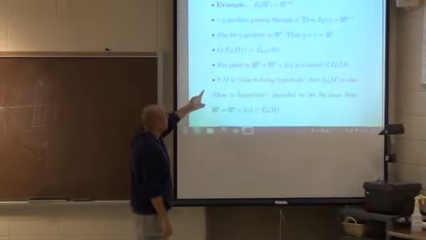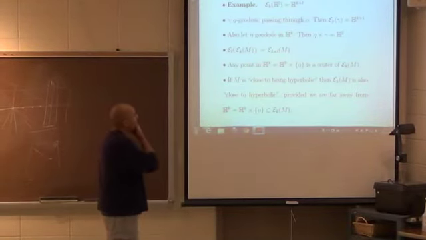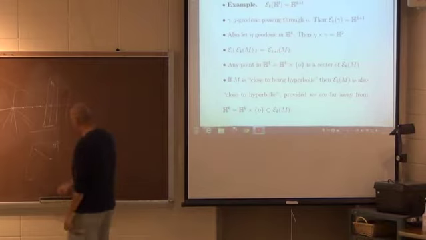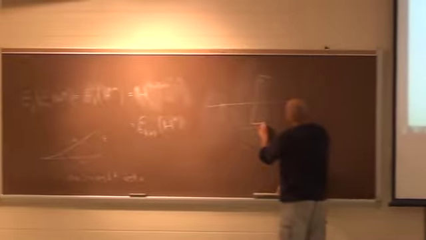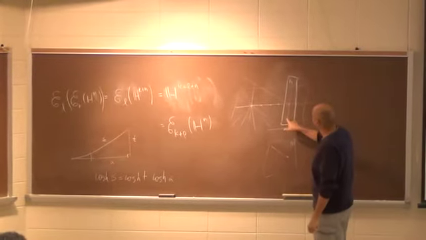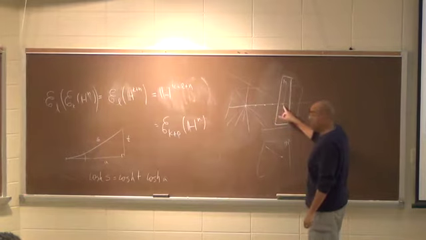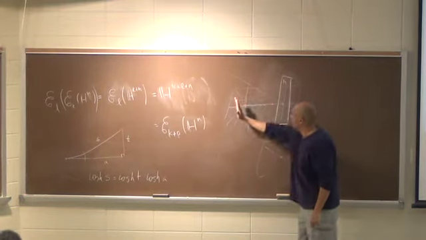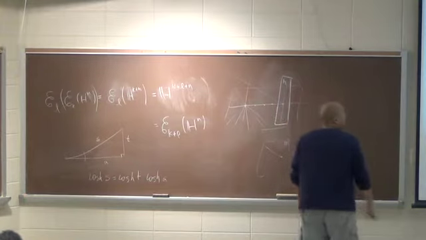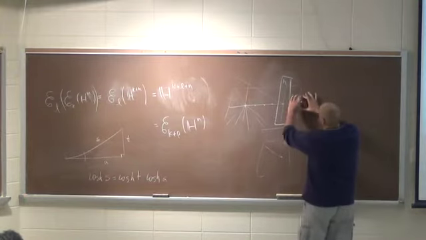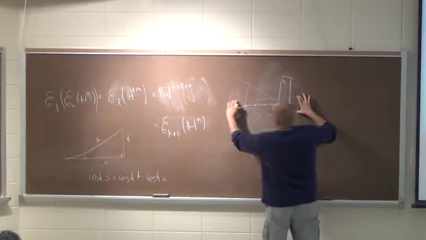In the last property, I will make it more specific in a moment, but it says that if M is, in some sense that I explain later, close to a hyperbolic metric, then this whole thing is also going to be close to a hyperbolic metric, provided we are far away from HK, from this region.